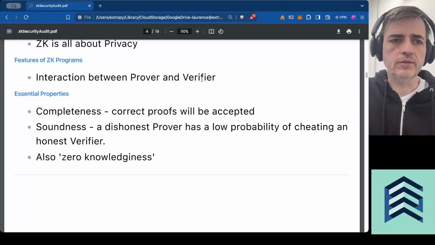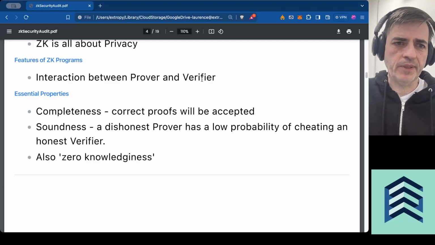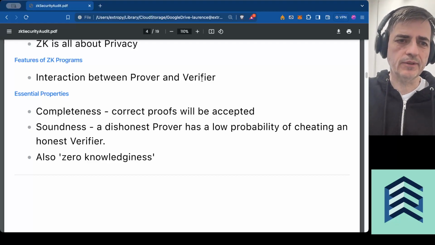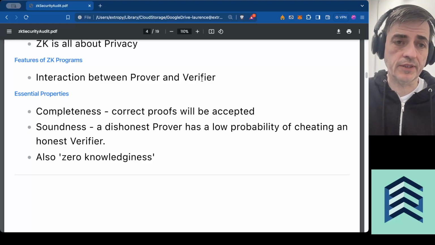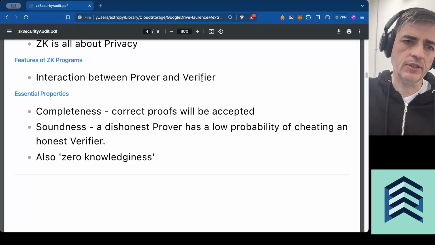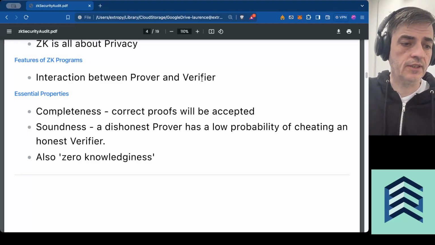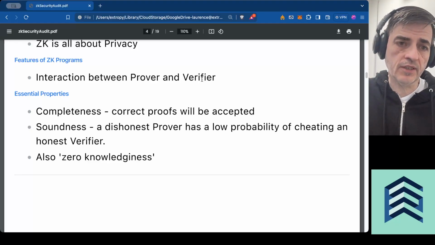Okay. Now, if you read about these systems and you see audit reports, we'll come on to this later, you'll see certain terminology, and there are some essential properties that a ZK system needs to have.